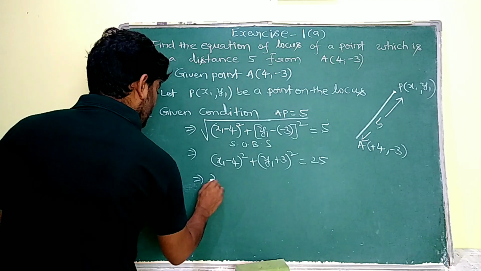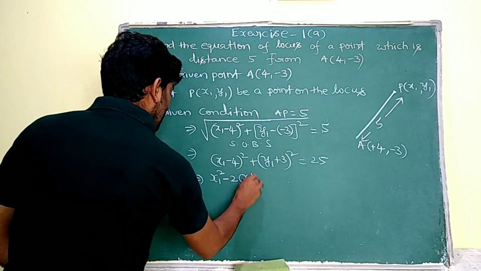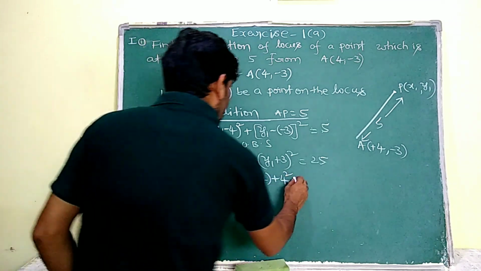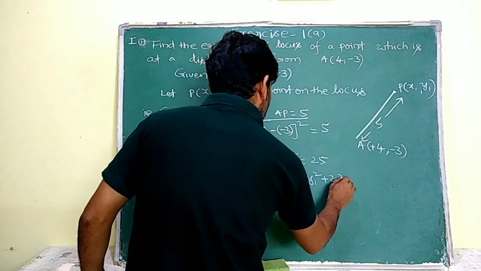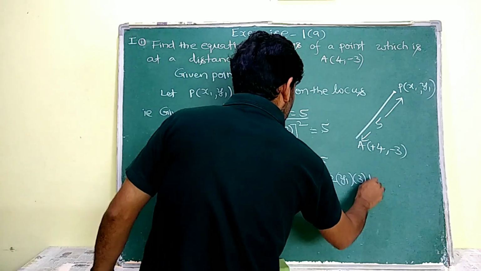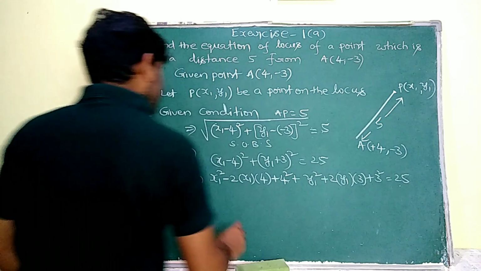Now x1 square minus 2 into x1 into 4 plus 4 square. Again here y1 square plus 2 into y1 into 3 plus 3 square is equal to 25.